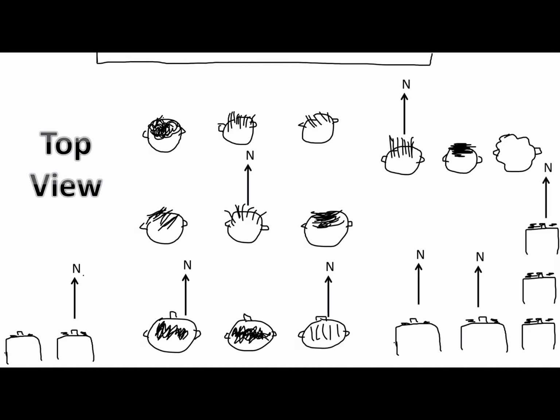The north line has already been drawn, so next you must draw the line of sight, which is this, and you draw the angle from the north line to the line of sight in what manner? In a clockwise manner. So it will be something like this. Since they are seated side by side, this angle will be 90 degrees.